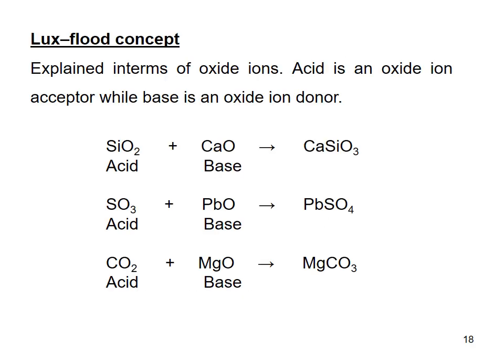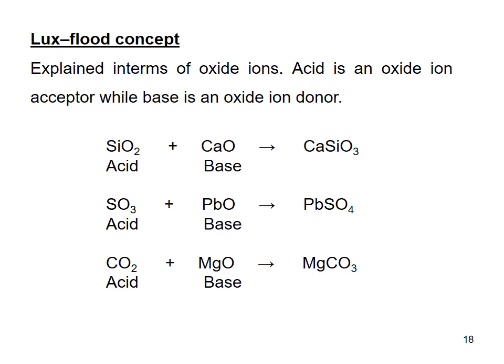So after this Lowry-Bronsted concept, let us move on to another concept, that is the Lux-Flood concept. So this Lux-Flood concept is explained in terms of oxide ions. So acid is an oxide ion acceptor, while base is an oxide ion donor.